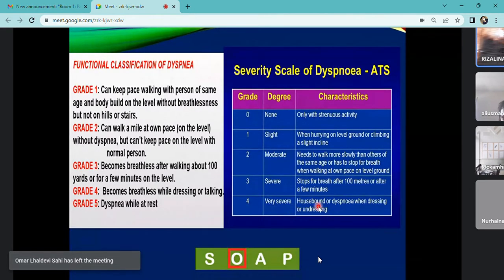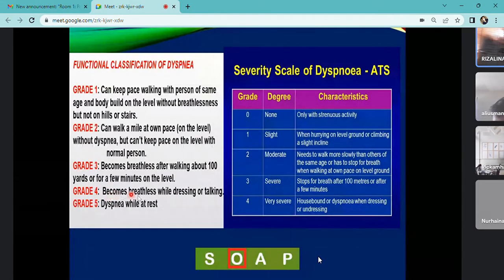Kasi grade 4 niya, housebound or dyspnea when dressing or undressing. Dito, sa grade 4 yon, becomes breathless while dressing or talking, that is under severe. Pero sa kanya, very severe na. Meron siyang mas severe pa, di ba? While at rest, may difficulty of breathing, then that is very severe.